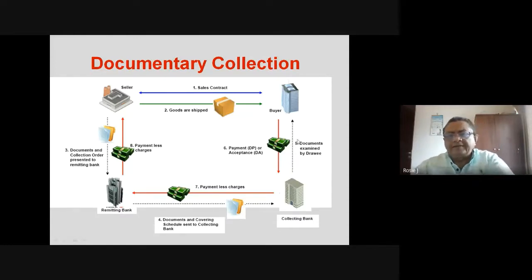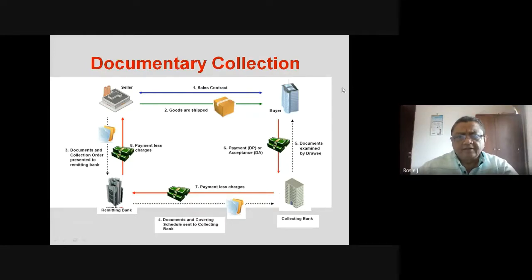DP means he pays direct. So those are just the two types of collections. But the basic thing is, say under DP the documents come and he's informed, and he doesn't pay. Of course, if he doesn't pay under DP, he won't get the BL, certificate of origin, and the invoice to go and clear the goods.